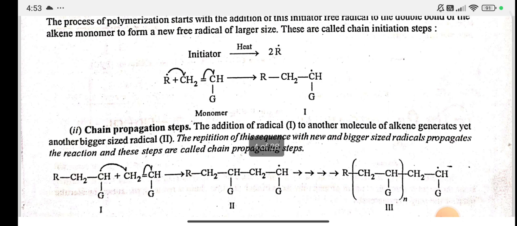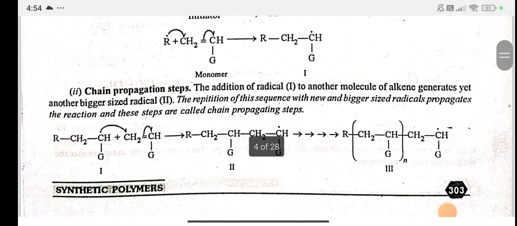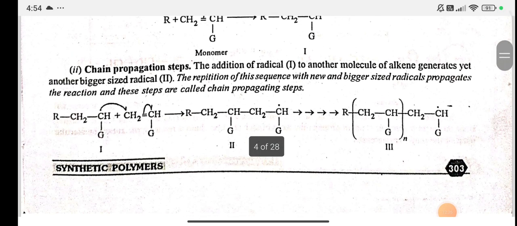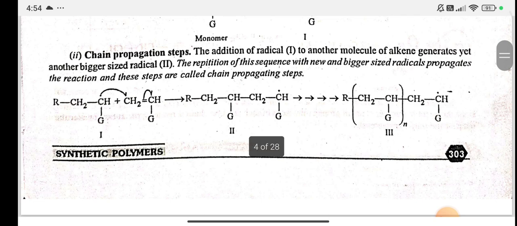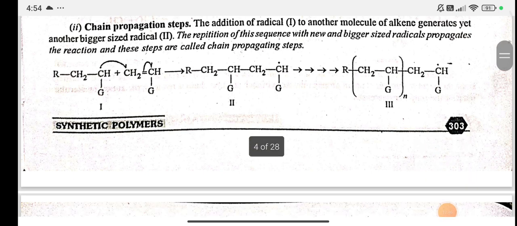Initiator on heating gives two free radicals. Chain propagation steps: the addition of radical 1 to another molecule of alkene generates yet another bigger sized radical. The repetition of this sequence with new and bigger sized radicals propagates the reaction, and these steps are called chain propagation steps.